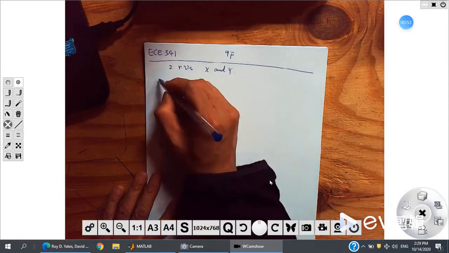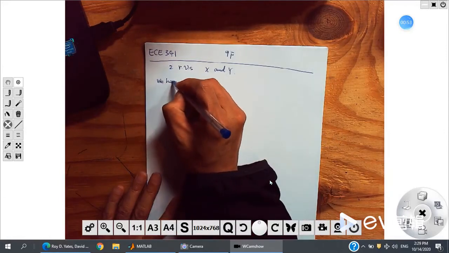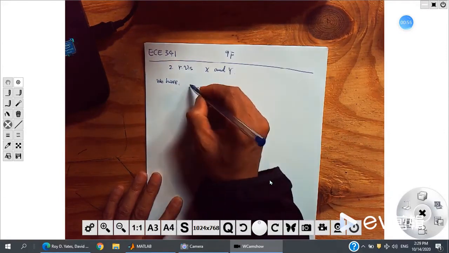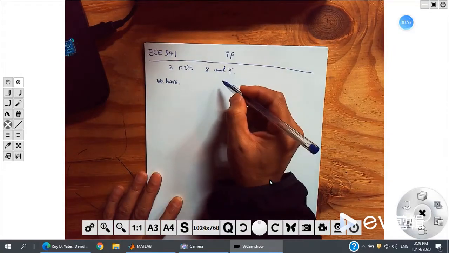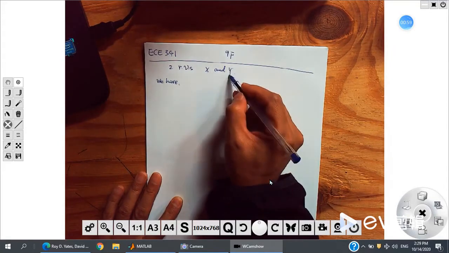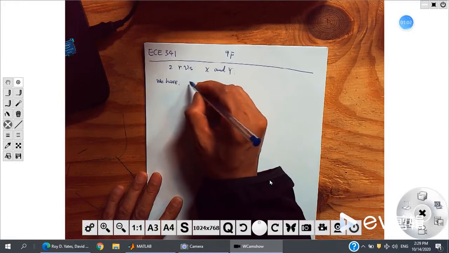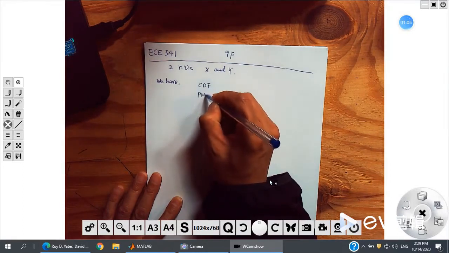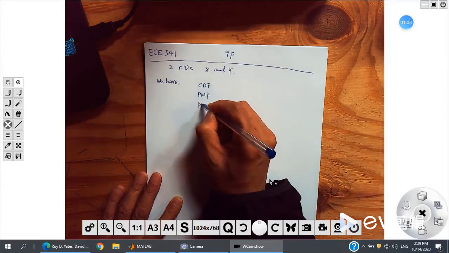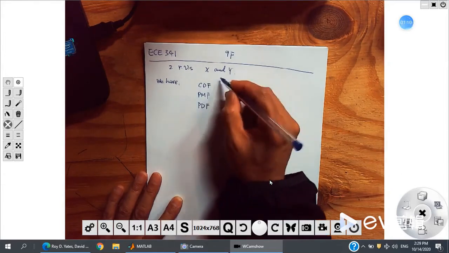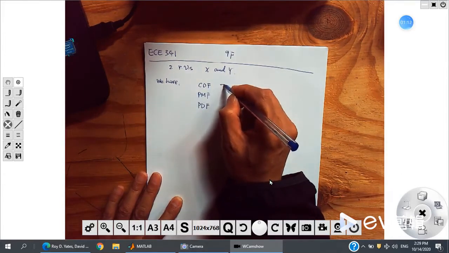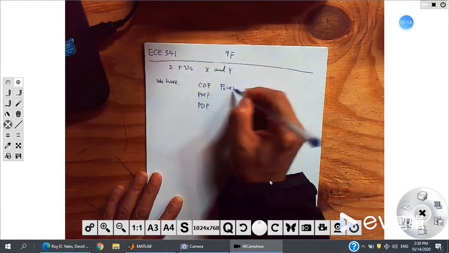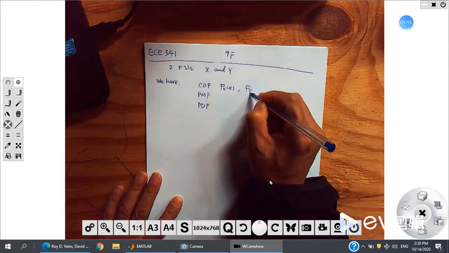We have the following. Actually, these are just for each X and Y. You consider their single random variables. So we have CDF, we have PMF, we have PDF for each X and Y. We have F_X(x) and F_Y(y).